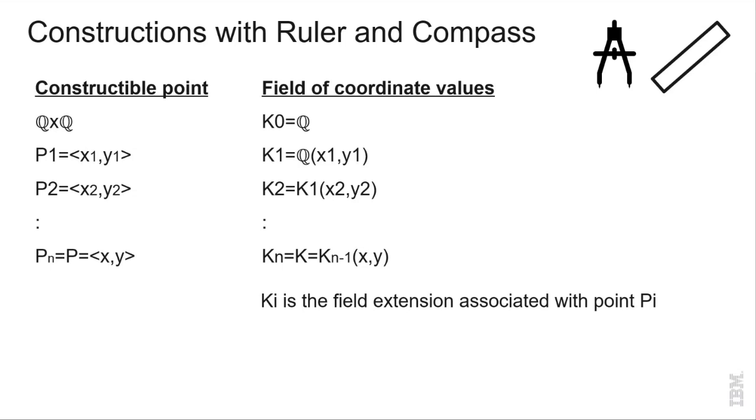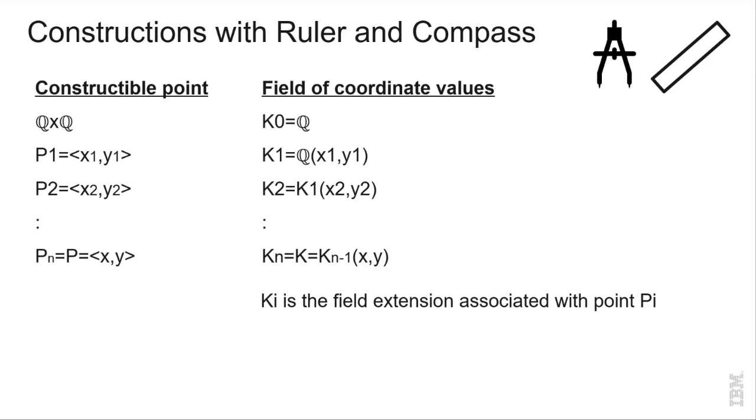And so actually we adjoin two values to the original K0. And then we go to the second point, P2. Again, we adjoin to K1 the coordinates of P2, which are x2 and y2, and so on and so forth, until we get to the final field Kn, which contains the coordinates of all the points we saw before, and also the coordinates x and y.